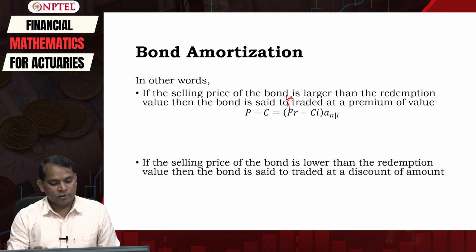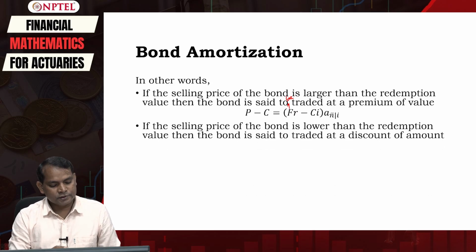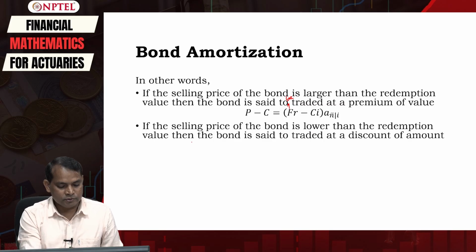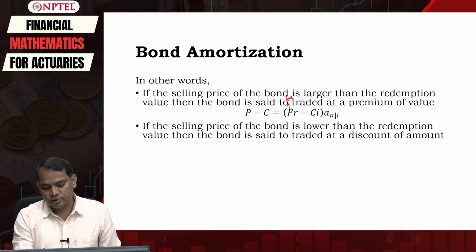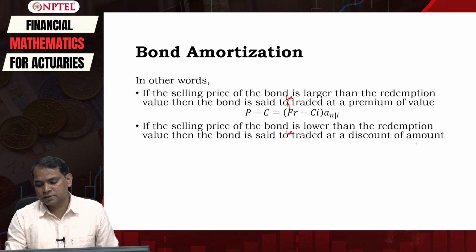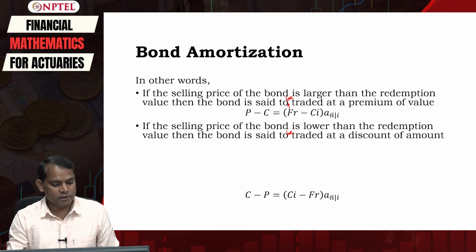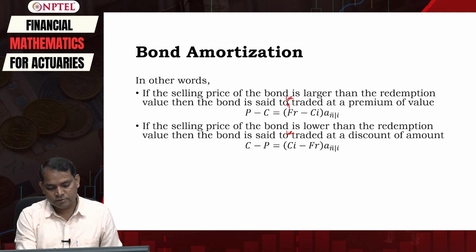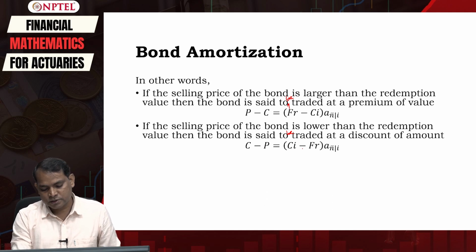And if the selling price of the bond is lower than the redemption value, then the bond is said to be traded at a discount, which can be written as C - P = (Ci - FR) a angle n at i.